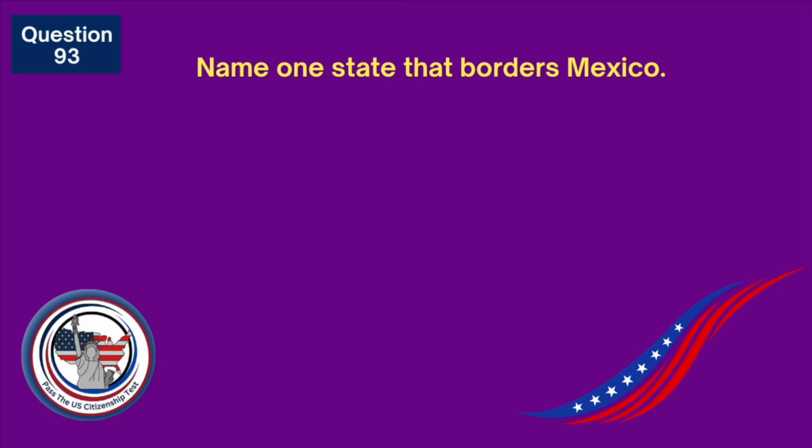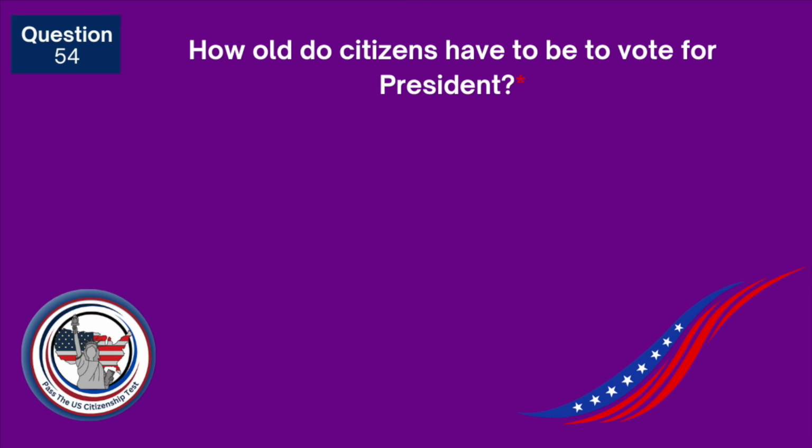Name one state that borders Mexico. California. How old do citizens have to be to vote for president? 18 and older.